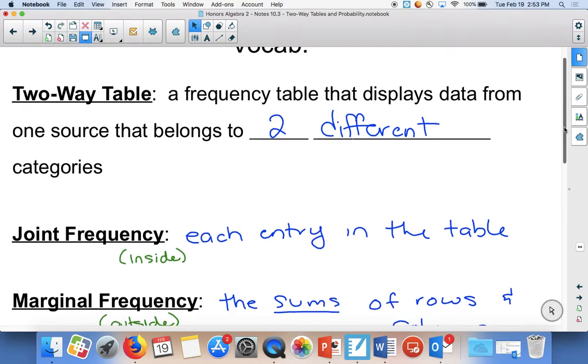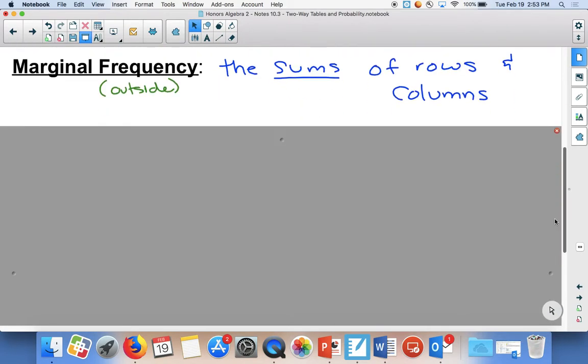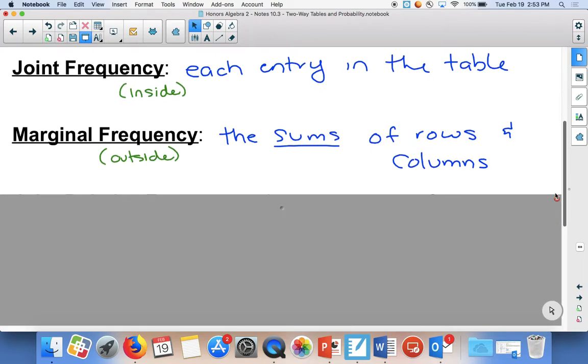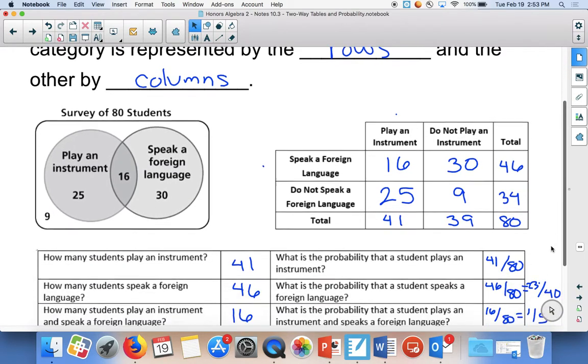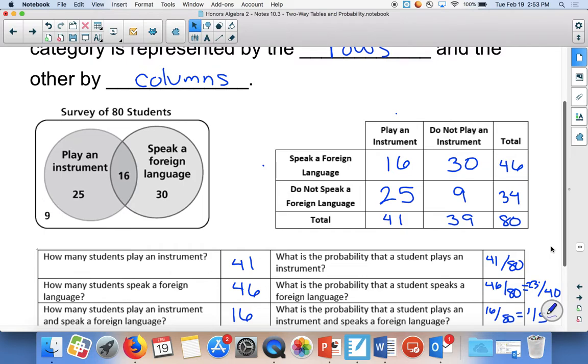If I go here, these are my joint frequencies, and these are my marginal.